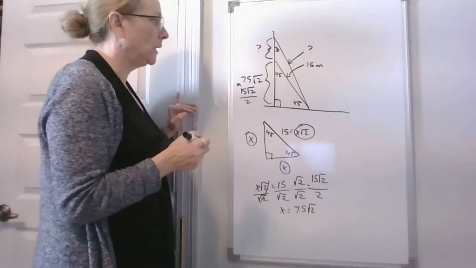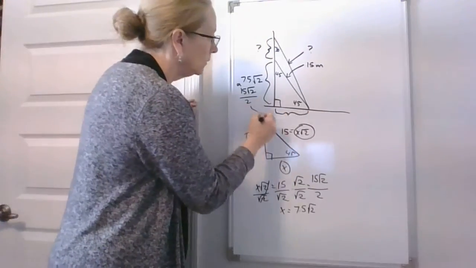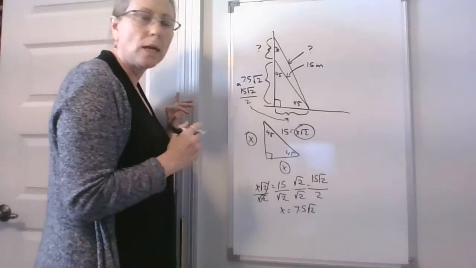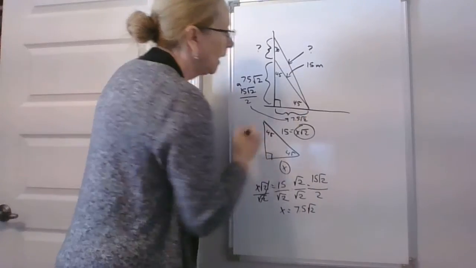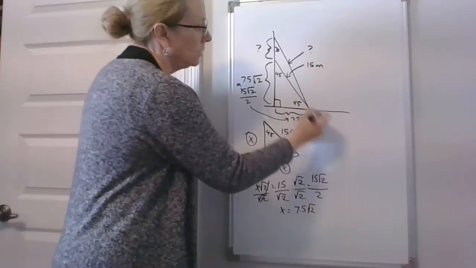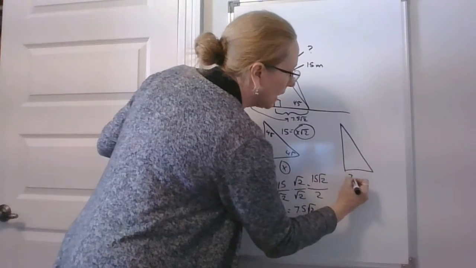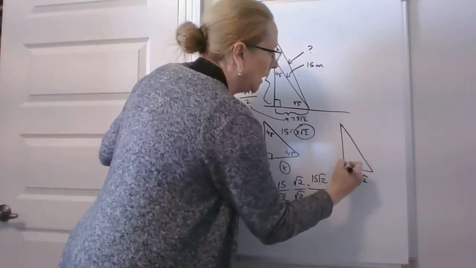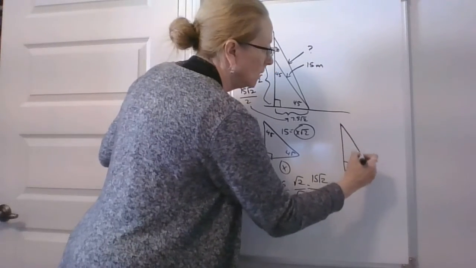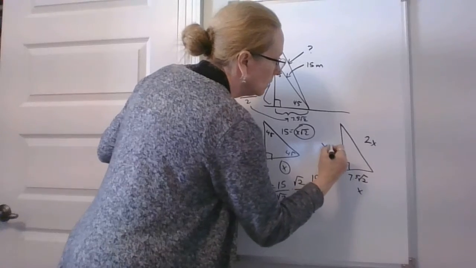Now, how is that going to help? Well, that is also this length down here, 7.5 root 2. And turning to our 30, 60, 90 triangle, that is now the base of that, 7.5 root 2. And this is your hypotenuse. So that's our 2x, this is our x, and this is our x root 3.